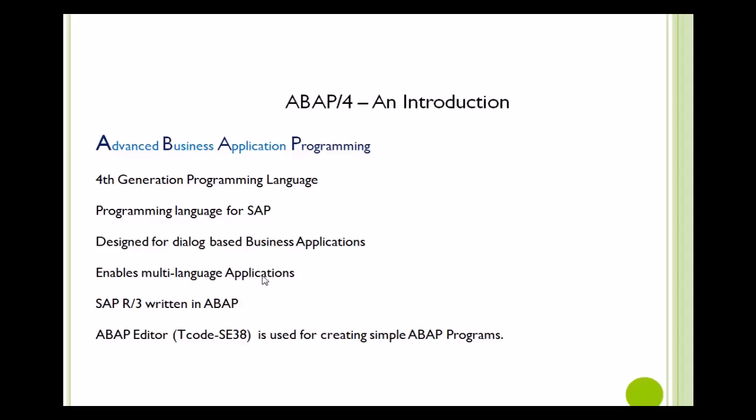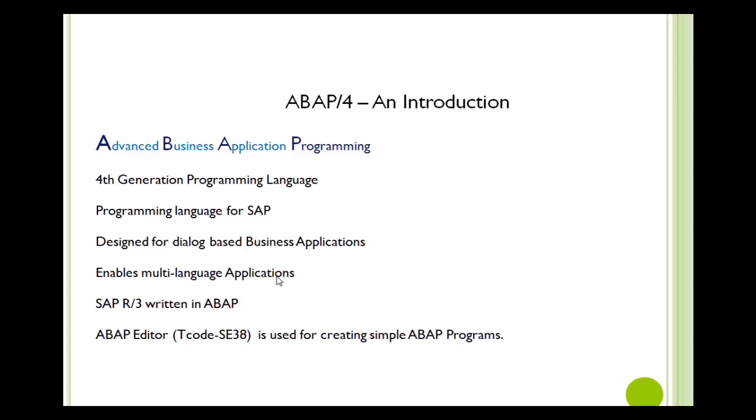It enables multiple language applications. It supports many global languages like English, German, etc. It supports more than 10 languages. For example, a typical customer or client has operations worldwide in different countries.